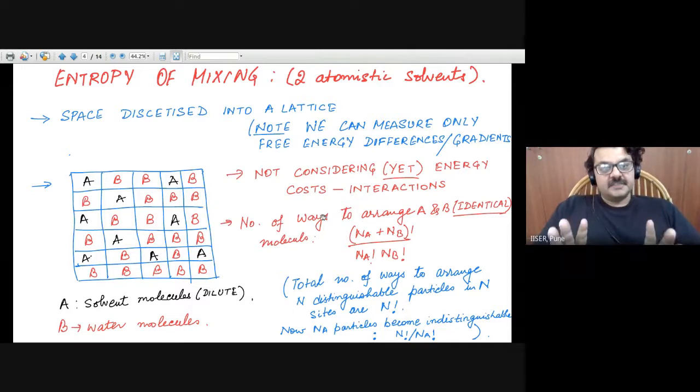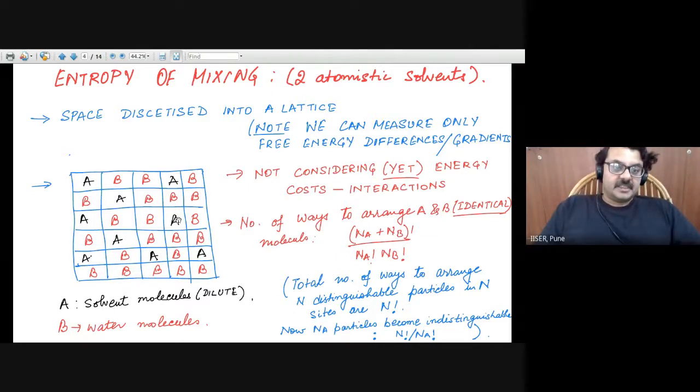And the question we are asking is, if there are Na particles of A, and these are solute particles. I should be writing it as solute. A is solute particles, and B is the solvent molecules. Suppose it's water molecules, and A is much less than B. What are the total ways to arrange A and B particles?